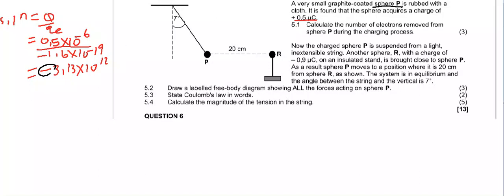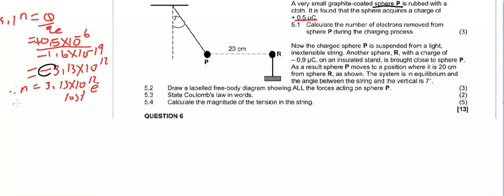Therefore the number of electrons lost, N, is equal to negative 3.13 times 10 to the power 12 electrons lost. Your answer must have the negative when you calculate the number of electrons. The negative just tells you that electrons are lost, then when the answer comes out positive, it tells you that electrons are gained. Hoping that it is clear.